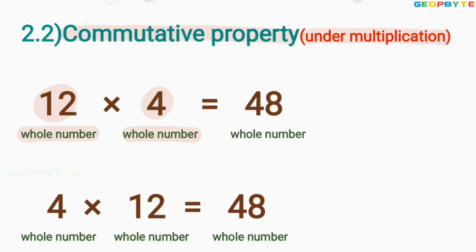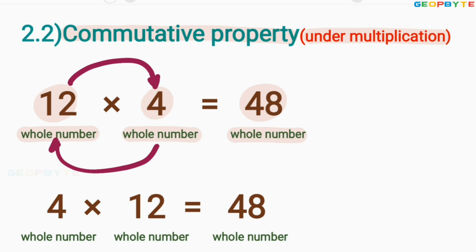If I multiply these two whole numbers, I am getting 48, which is also a whole number. Now what you need to do? You interchange the 4 and 12. In the place of 4, you write 12, and in the place of 12, you write 4.